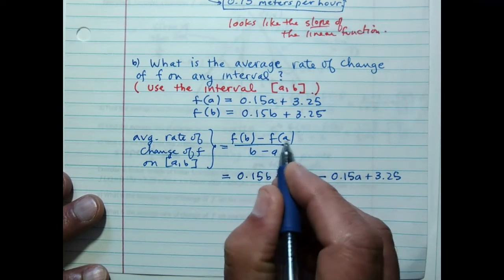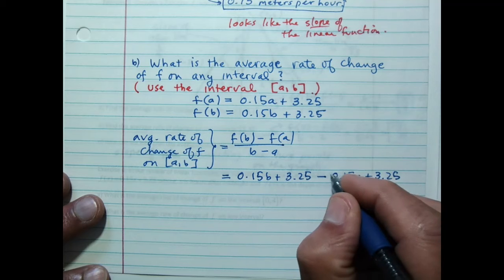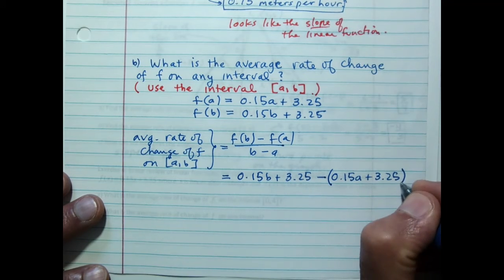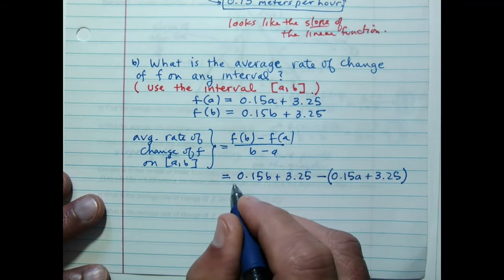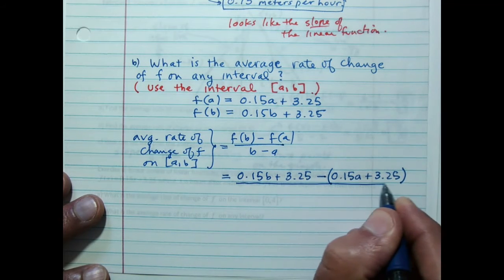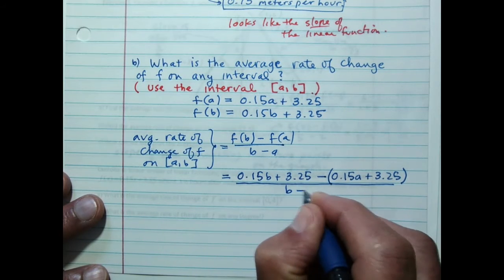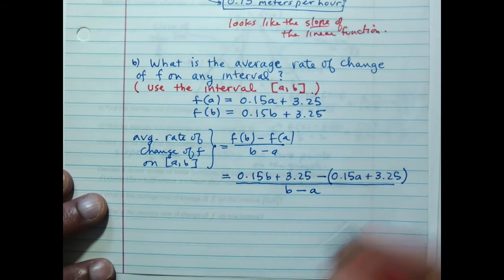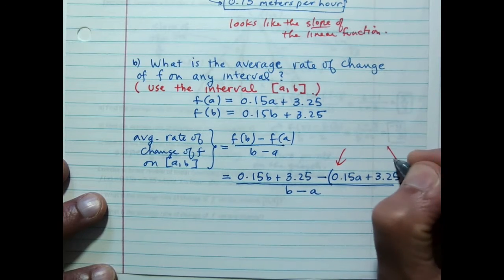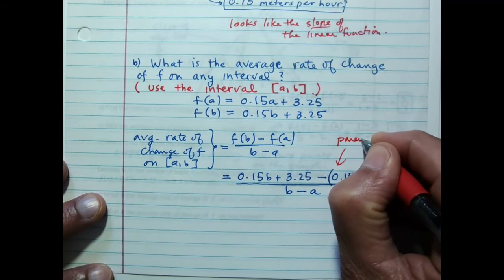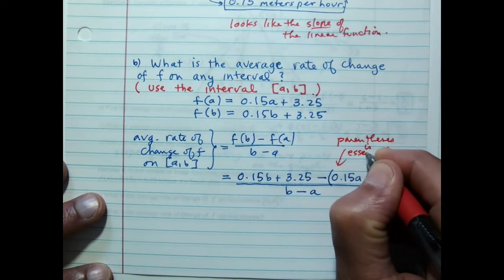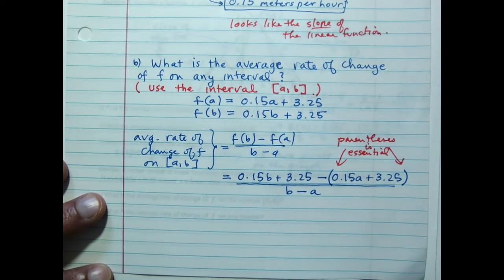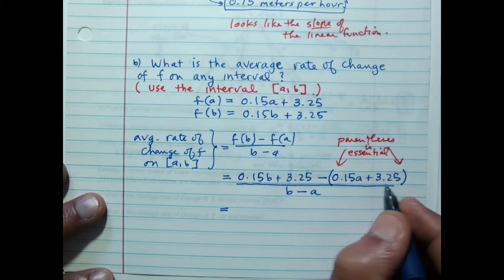I'm subtracting that entire function value. I need to put parentheses around the two terms that I'm subtracting because they're both going to be affected by the minus sign. That parentheses is crucial. You need to know that that minus sign is going to have to be distributed through the two terms at the end.